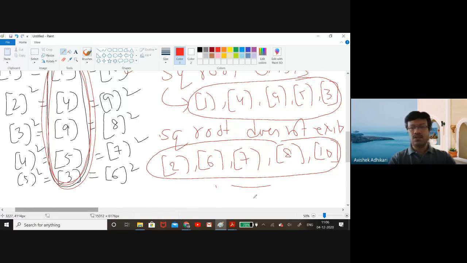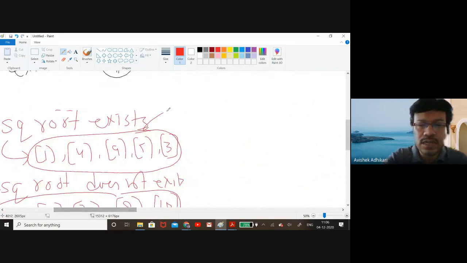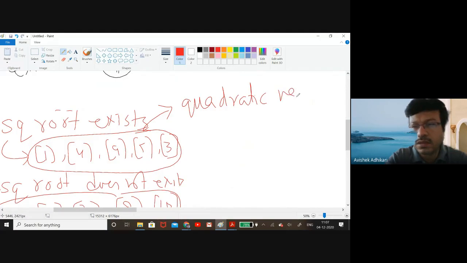These elements are called quadratic residues. So these elements whose square root exists are known as quadratic residues.